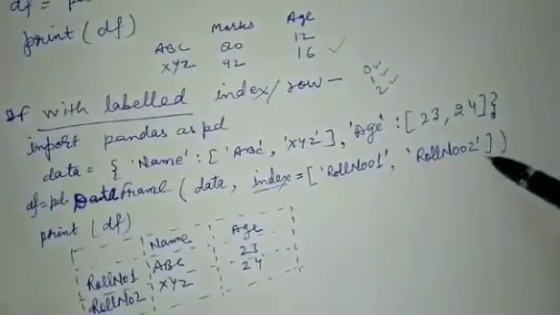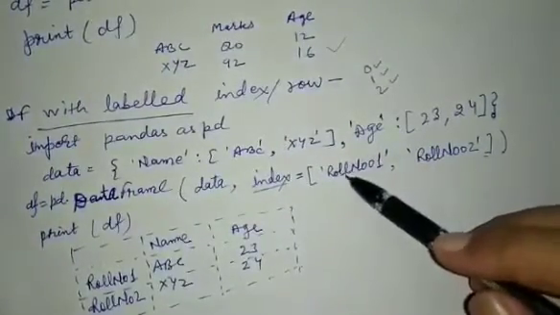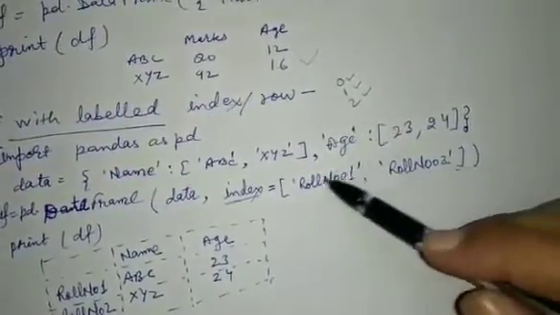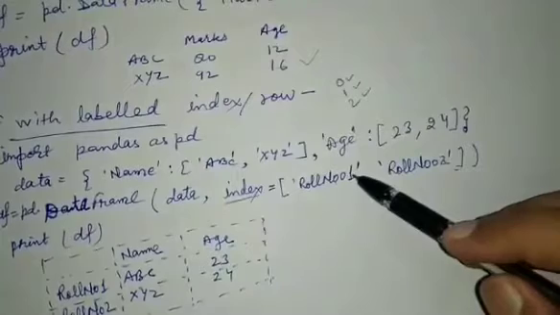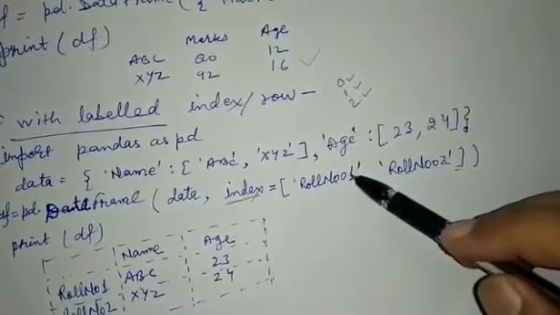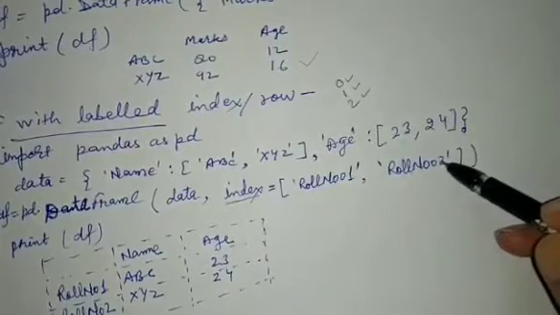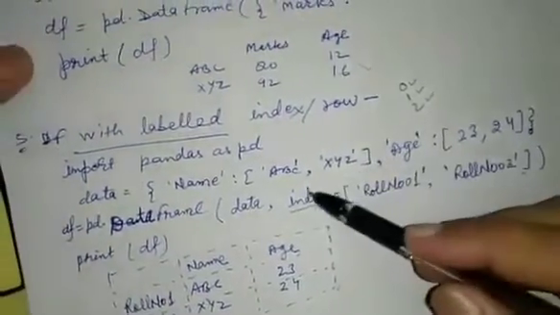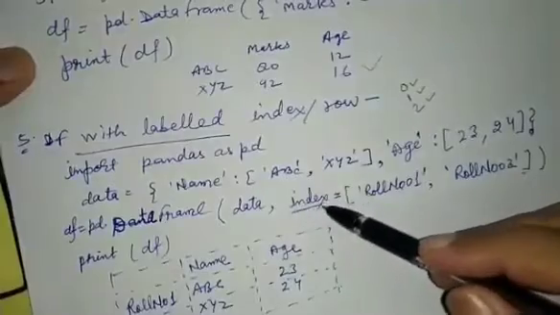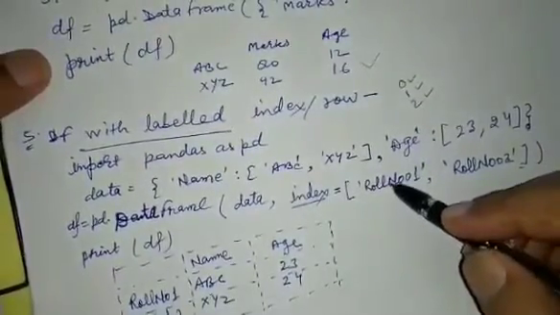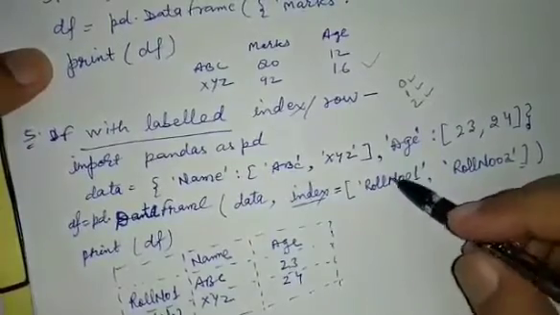Provide a list of elements, roll number 01 and roll number 02. So roll number 01 will be the label for the first row and roll number 02 will be the label for the second row. So how can we label the rows? Using the index keyword. And how can we name the columns?